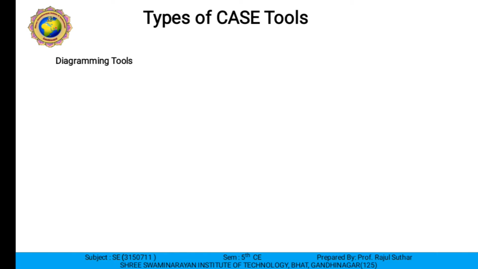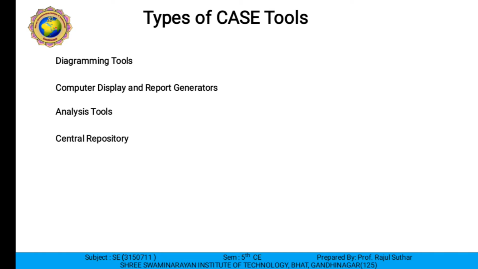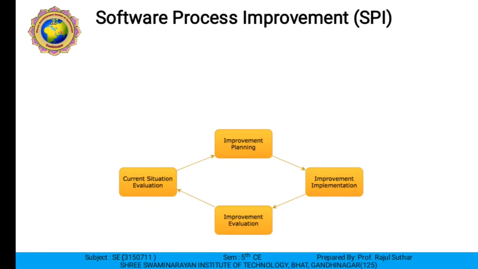Some of the important types of CASE tools are diagramming tools, computer display and report generators, analysis tools, central repository tools, documentation generators and code generators.